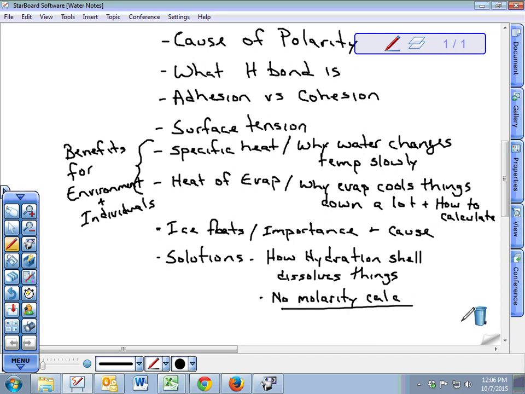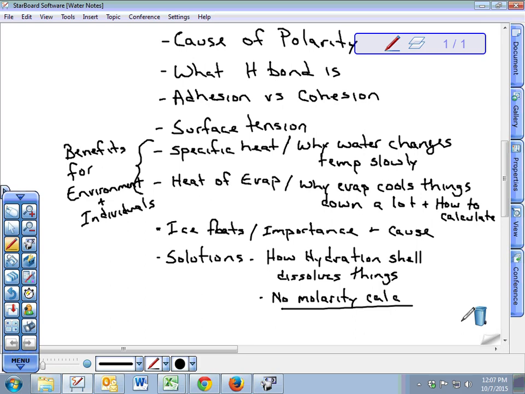And then some examples of what that would cause or do, like the way it was forming the meniscus on the glass, the way it was being pulled up into the capillary tube. I'll give examples from the lab. Cohesion, what that means, and how it causes surface tension.